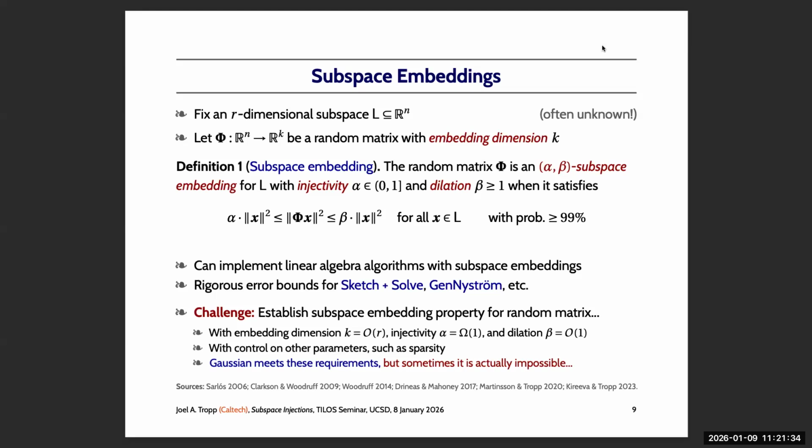Yeah, I just don't like to quantify the probability because it adds an extra parameter that we need to track. But yes, you can typically get log 1 over delta cost for a delta failure probability with a Gaussian matrix. For other matrices, it might be different. It might be polynomial in delta. Okay. All right. Good.